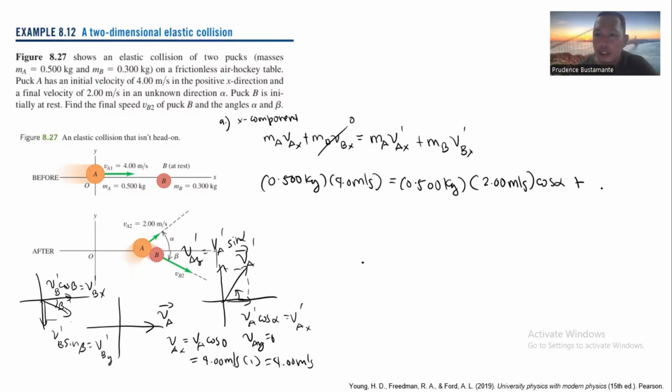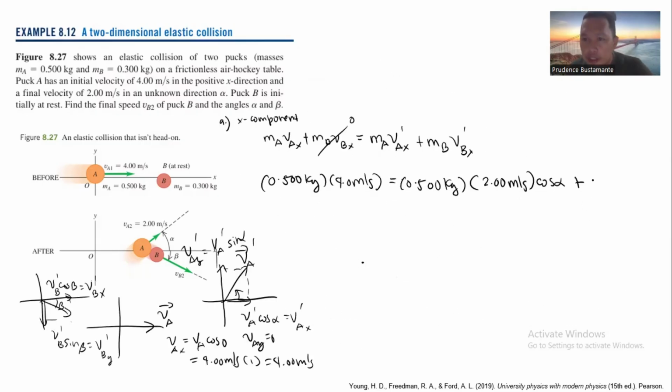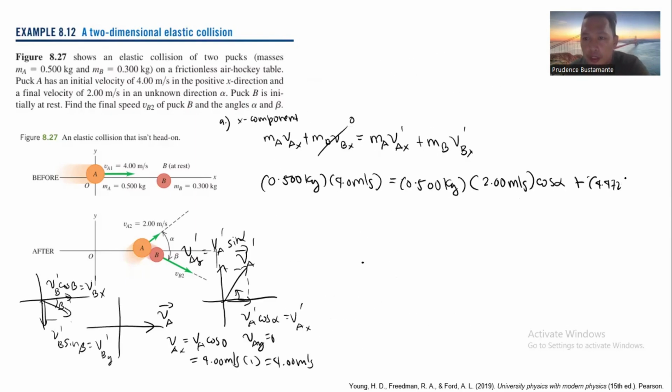Here B is unknown, but we've calculated its magnitude already, which is 4.47214 meters per second, with the cosine of beta.